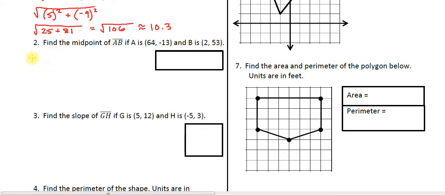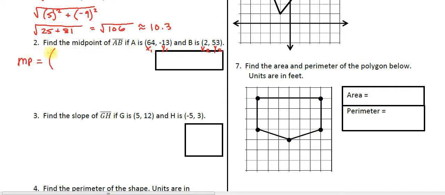So the midpoint formula tells us that the midpoint of any 2 points is equal to x sub 1 plus x sub 2 over 2. You know what I just noticed? I did not label the values of my points. Let's do that now. I'm going to make 64 x sub 1, negative 13 is y sub 1, and then 2 is x sub 2, and 53 is y sub 2.